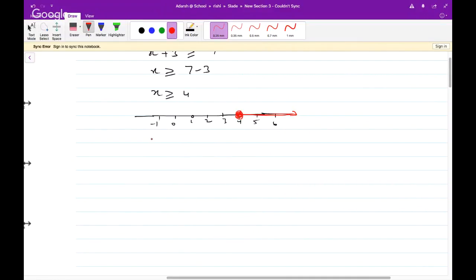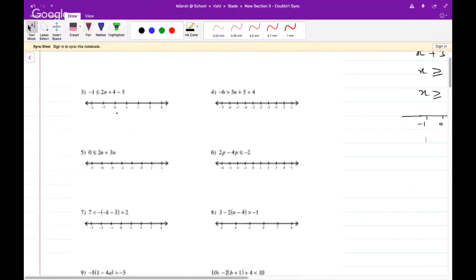Okay, let us solve a couple of questions from this. The first question says minus 1 greater than or equal to 2n plus 4 minus 5. Now simplify. So minus 1 less than or equal to 2n minus 4 plus, this is minus 1. I solve these two.